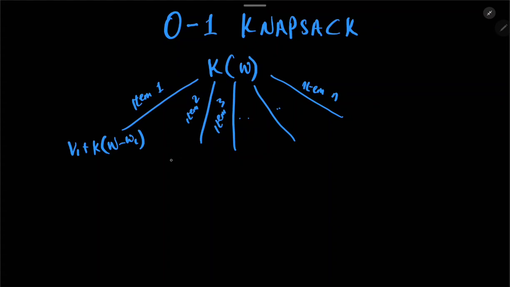If we pick item 2, we have V2 plus what is left. If we pick item 3, we have V3, then what is left. So it continues that way. If we pick item N, we have Vn plus what is left.